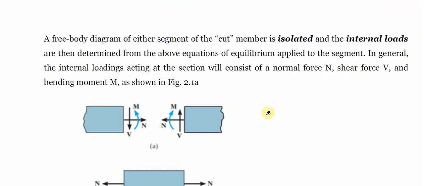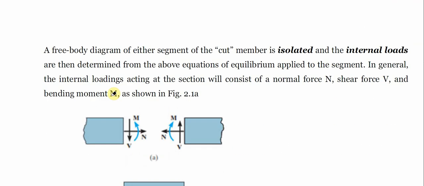Let us look at a free body diagram. When we say a free body diagram, for instance, if we have a member that is being cut in this particular segment, at each point or at each edge, there are actions that take place. We have the shear, the moment, and the axial force, or the normal force.